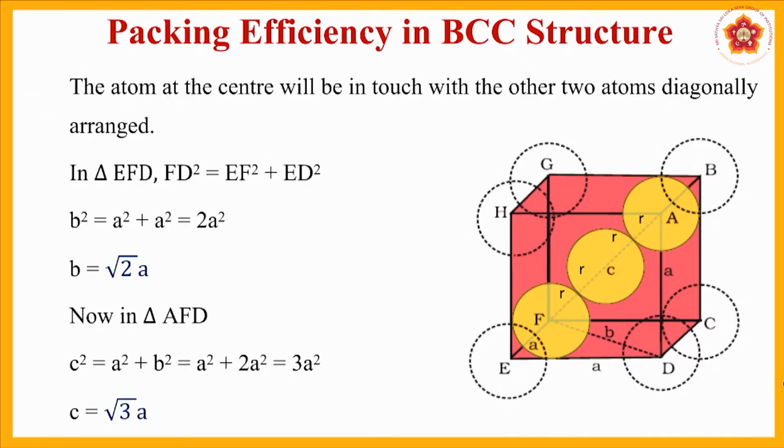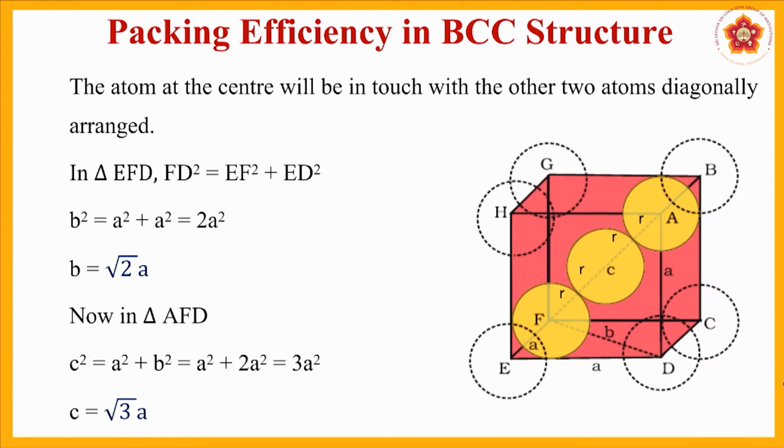Packing efficiency in BCC structure. BCC means body centered cubic unit cell, so we have to calculate the packing efficiency in BCC. The atom at the center will be in touch with the other 2 atoms diagonally arranged. We know there is one atom present at the center of the unit cell in the BCC case. So in triangle EFD, just see the diagram, and apply the Pythagoras formula.